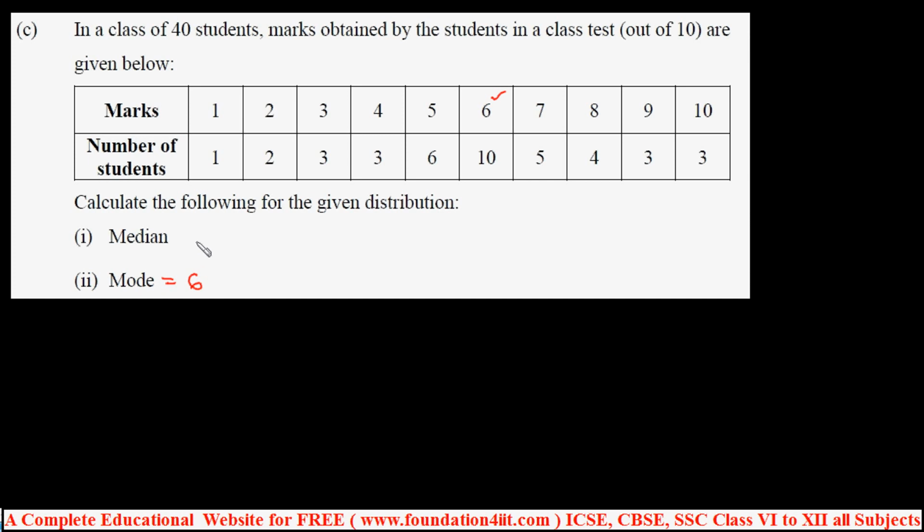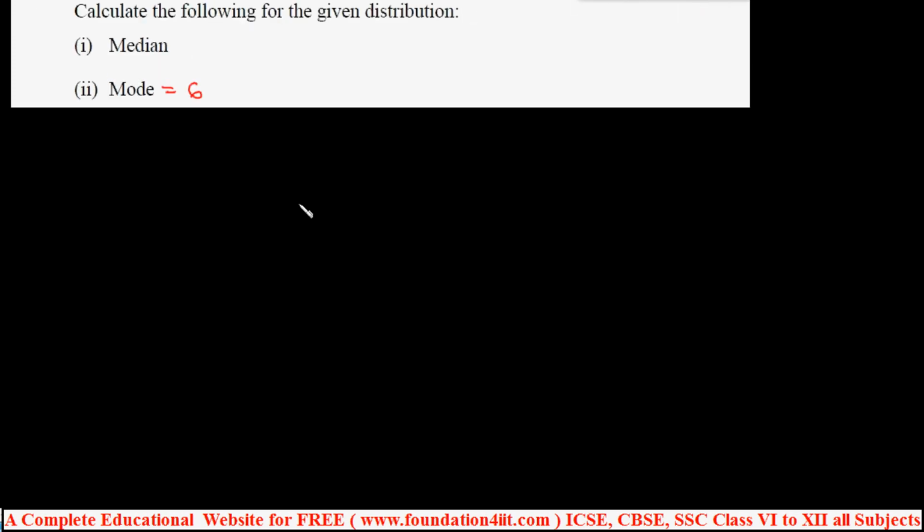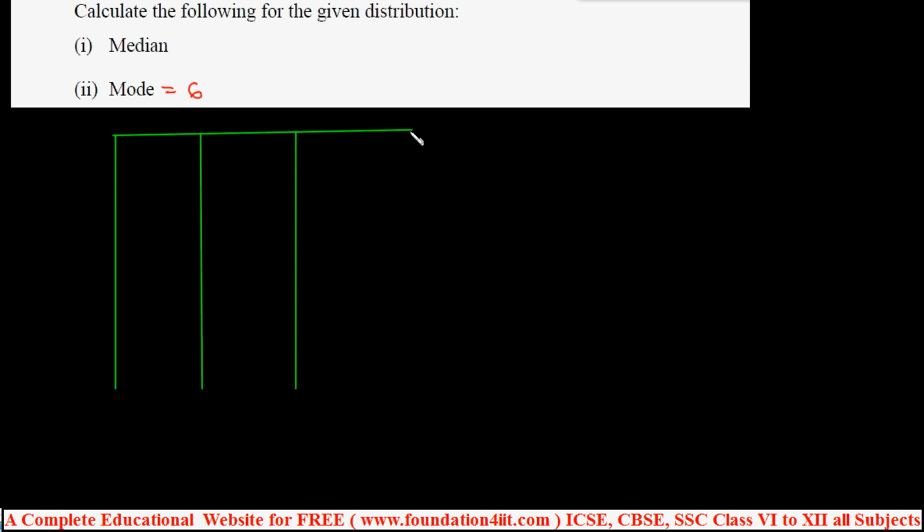Now let's calculate the median using the cumulative frequency table. Take a table with three columns. Two are given in the question, and the cumulative frequency you should arrange yourself.